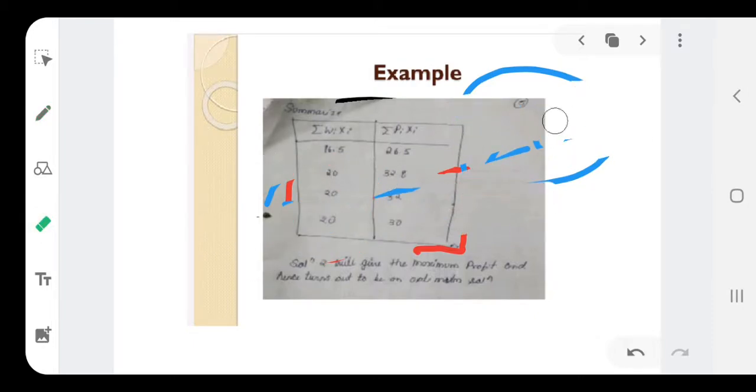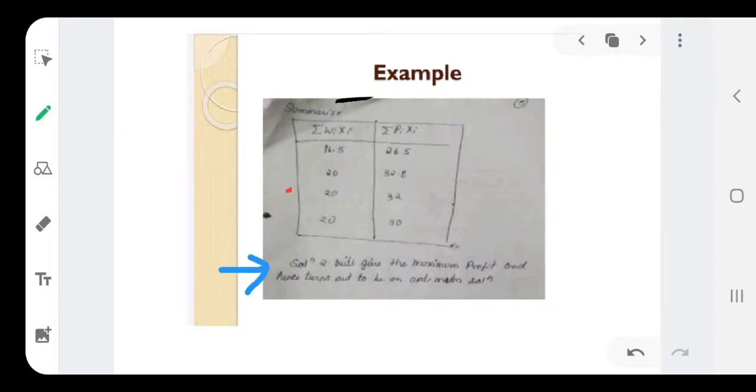So let us see what conclusion we have drawn after summarizing, after this table and the computation that we did.